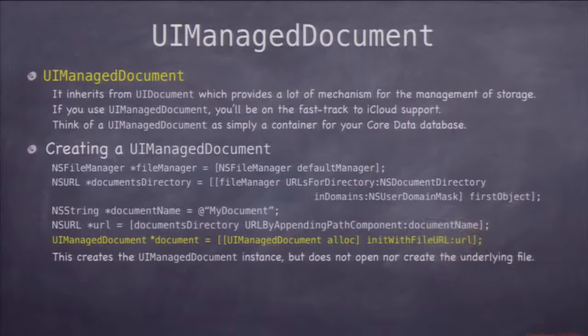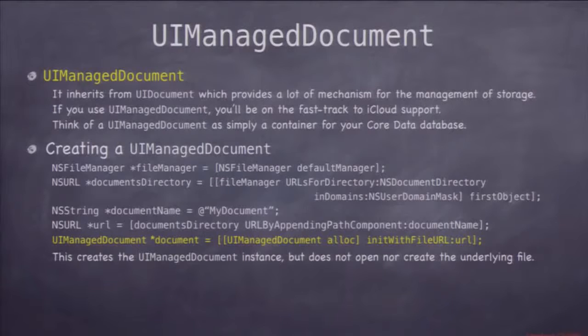So here's how you create a UIManagedDocument. You alloc init it. Its designated initializer is initWithFileURL. You have to give it the URL where this Core Data database is going to be stored. Okay? I put these 4 lines of code that are in white, that are before the yellow here. They describe how you would create a document called myDocument in the user's documents directory. We haven't really talked about storing files, right?